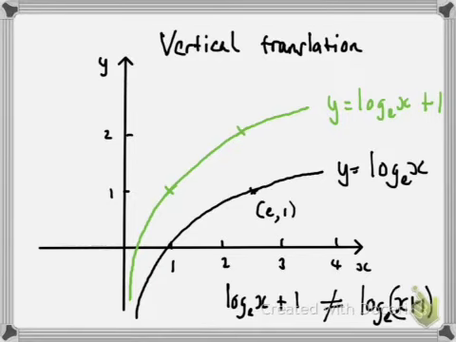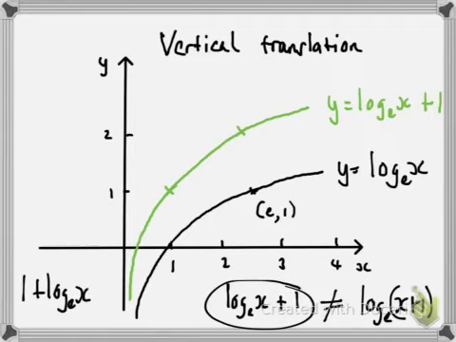Don't get them confused. Here, it's sometimes better to write that one as 1 plus log x to the base e so you don't get confused. In any case, what these do is take the log x to the base e graph up by 1, a vertical translation, 1 place. You can see the points have been taken up. If I pick any 2 points, it's taken up by 1 unit.